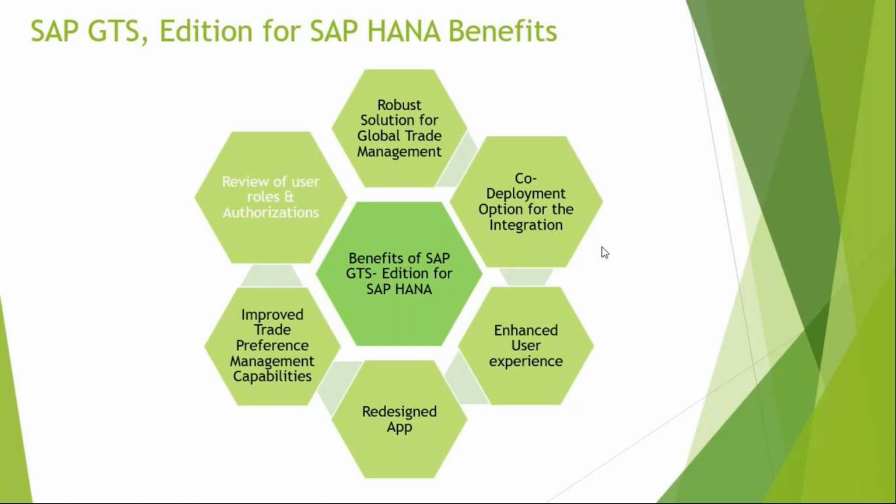So there are advantages and disadvantages also, which we will be discussing sometime later. But only with this version, SAP GTS Edition for SAP HANA 2023, this co-deployment option is available, right?